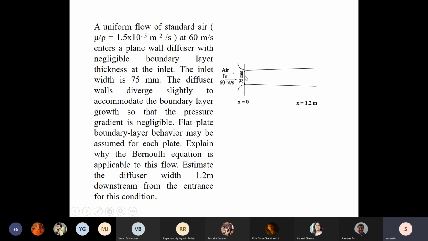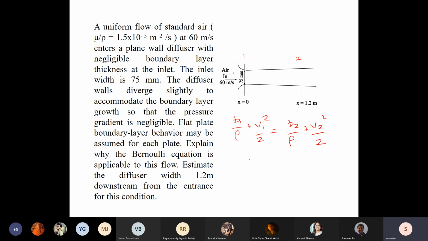And if I assume this to be a horizontal one, then the effect of gravity would be negligible. So if I write Bernoulli's equation between point 1 and point 2, what I have then is P1 by rho plus V1 square by 2, the Z part is not there, equals P2 by rho plus V2 square by 2.